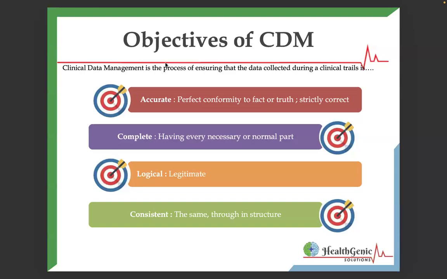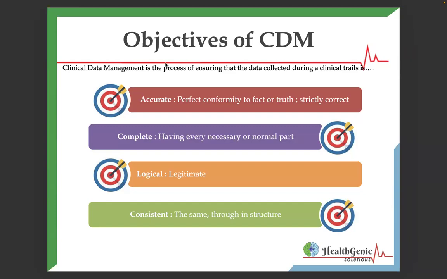Every government has a registry where they register their clinical trials completely: what medication they are going to test, what the patient population is, whether they are taking only male patients or adult patients. They give all the details and when they are planning to start.